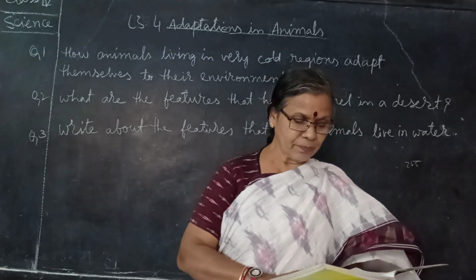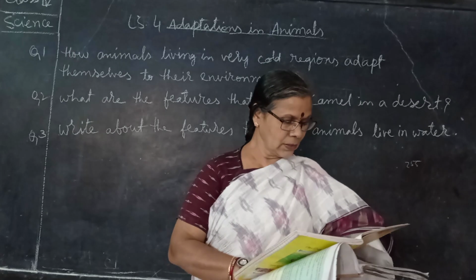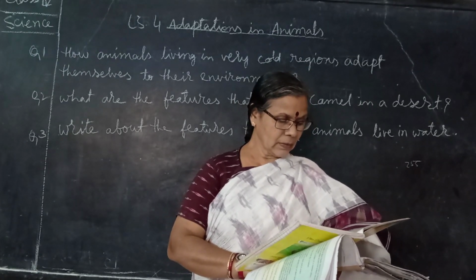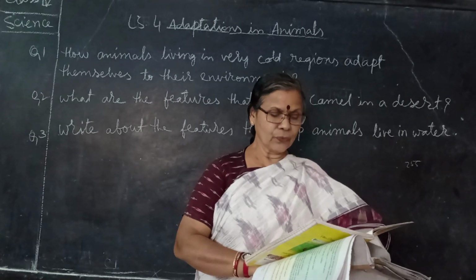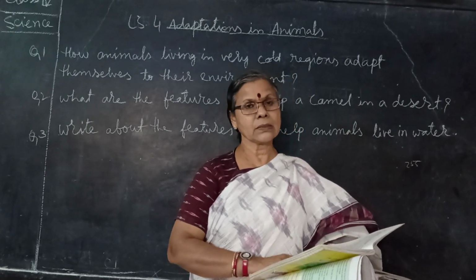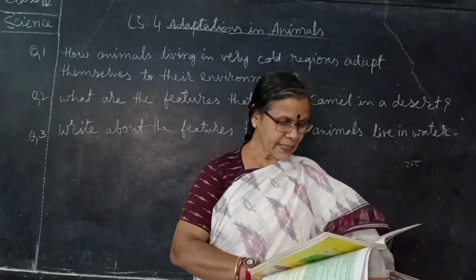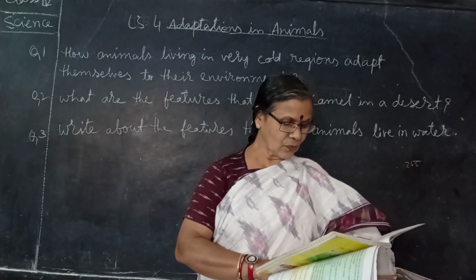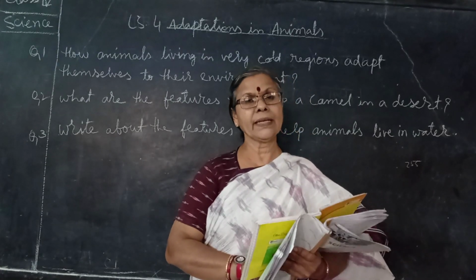A duck has webbed feet to help it paddle in water. A fish breathes with the help of gills. Animals like whales and dolphins come to the surface of water to breathe air.